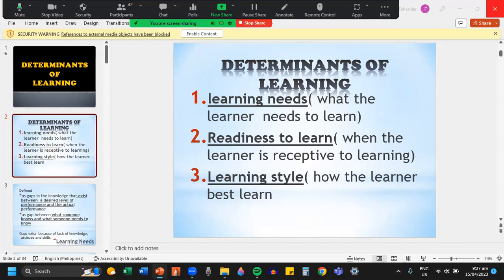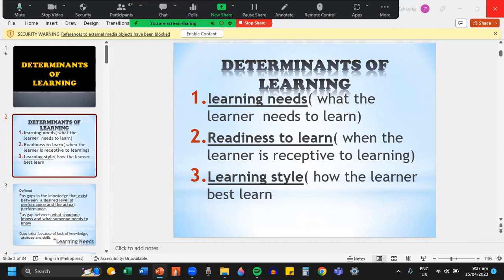It could be the interest first and foremost, the willingness of the learner to take in new lessons. And this could also be determined by the learner's physical and or emotional state during the time that the teaching session was conducted.